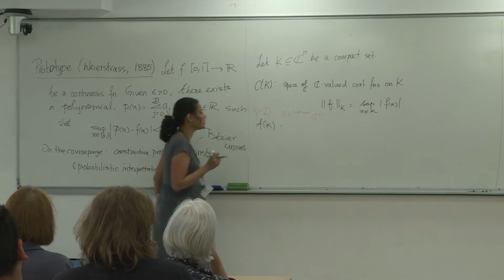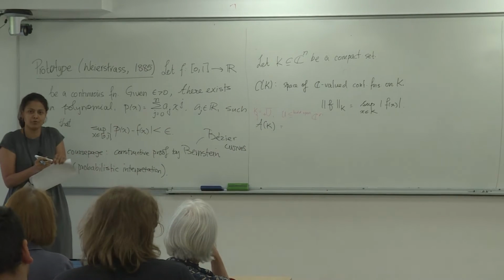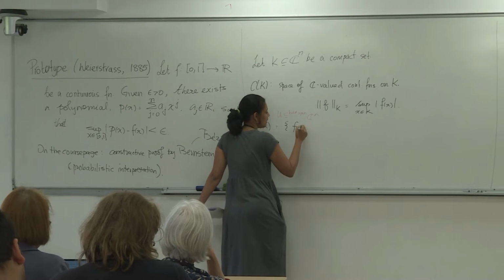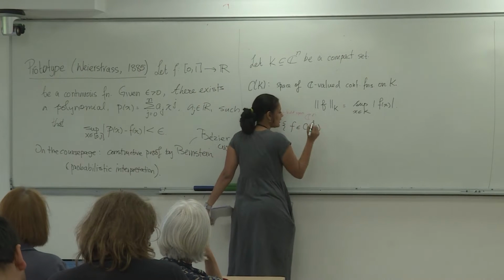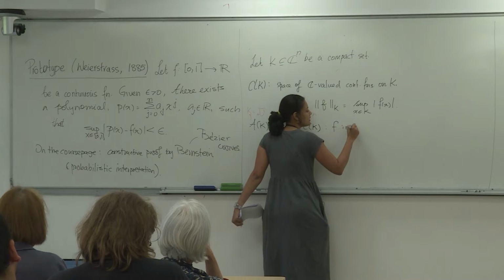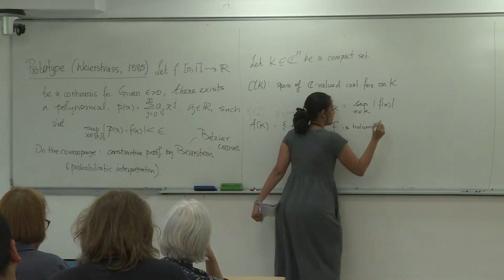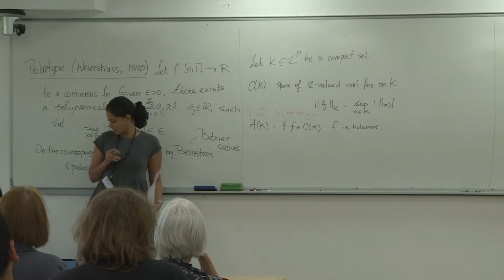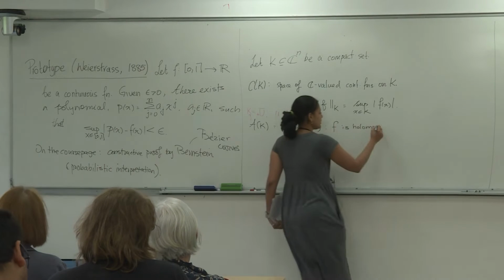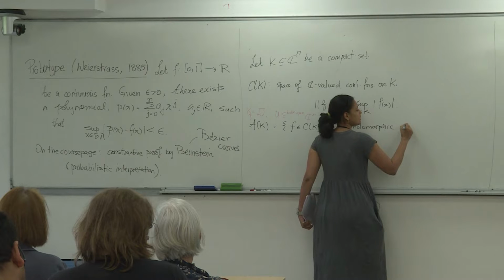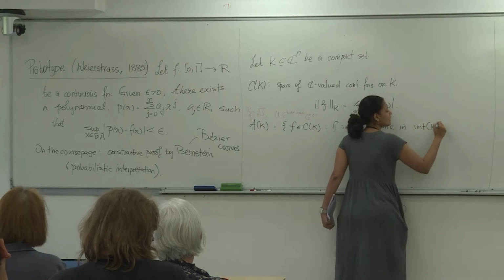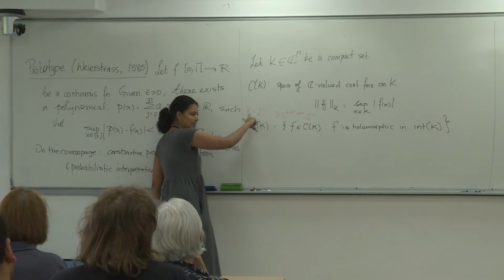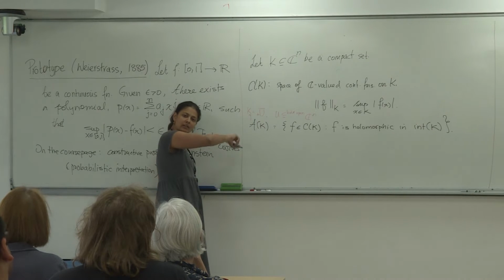And you take its closure, and that's what I'm thinking of when I write down this class. So what is this? This is all those continuous functions on K such that f is holomorphic in the interior of K.